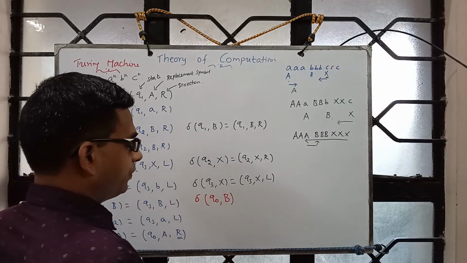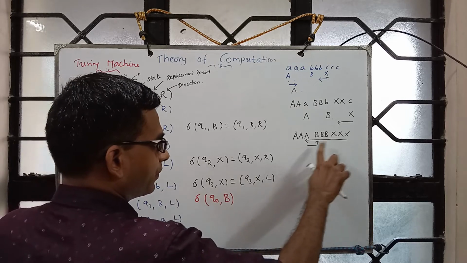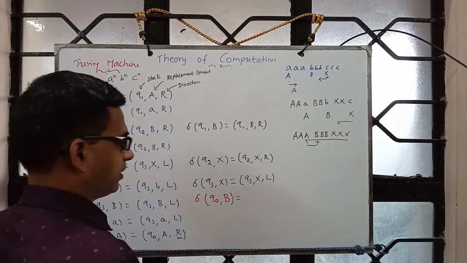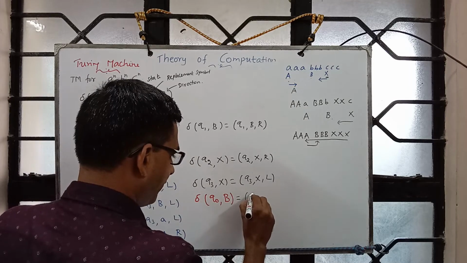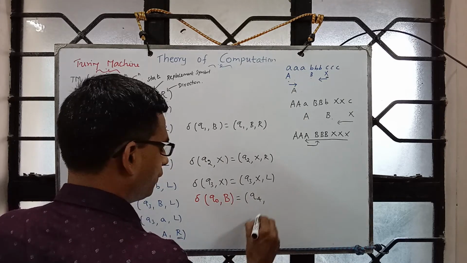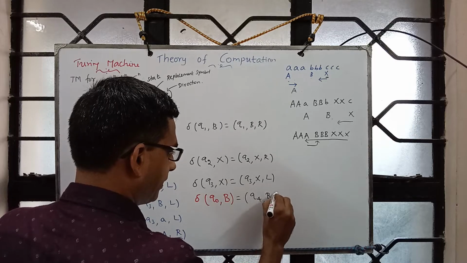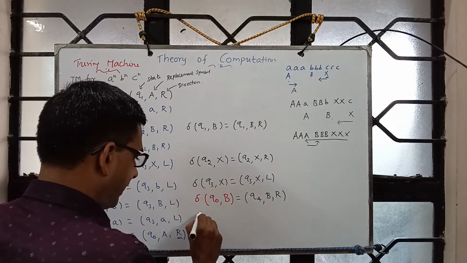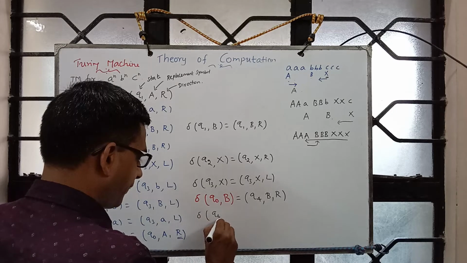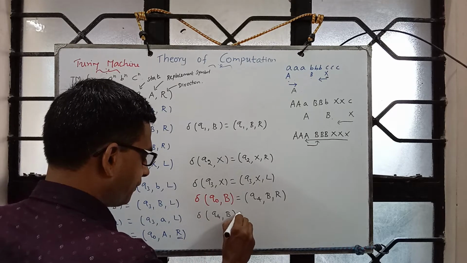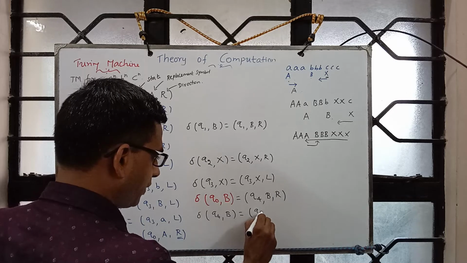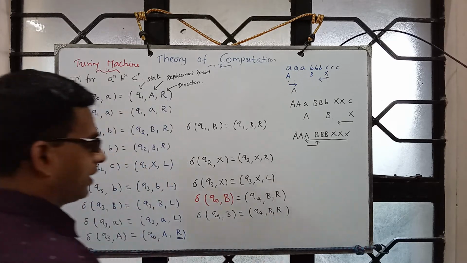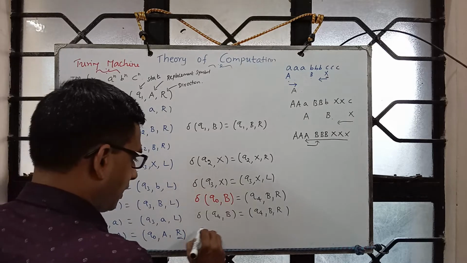Okay, now we need to scan this to check whether it is a valid input or not. We go to a state called Q4: Q4 comma B comma right. While we are at Q4, we simply scan all of them. Correct?